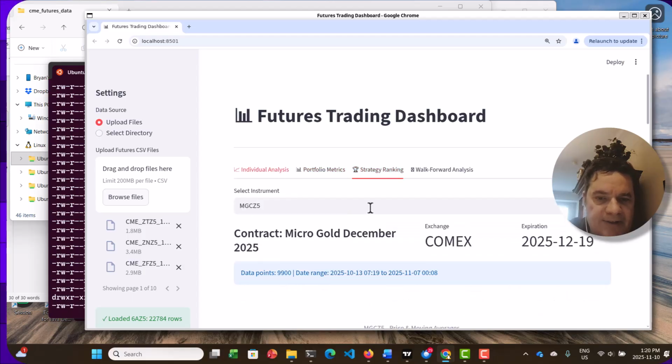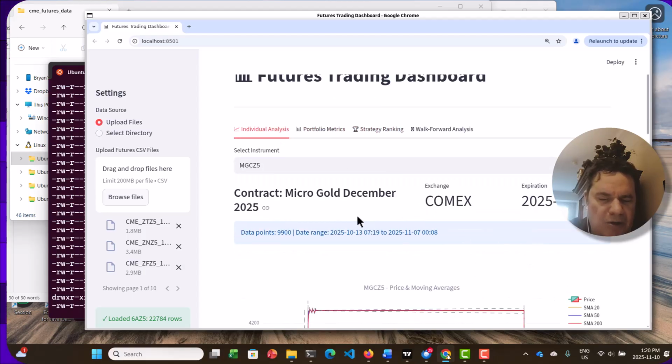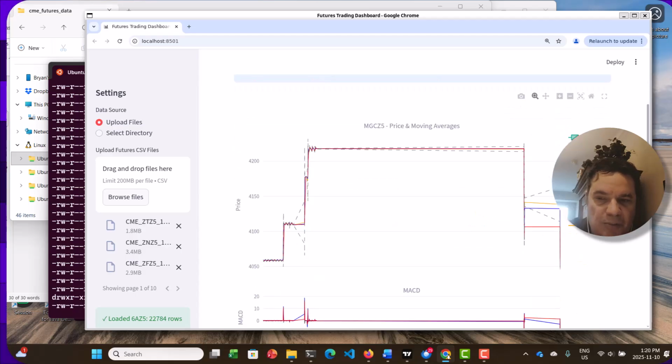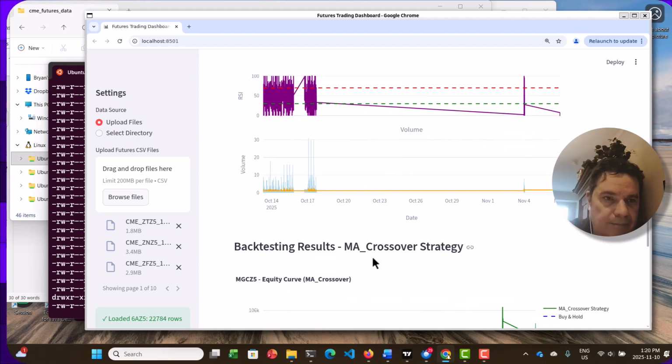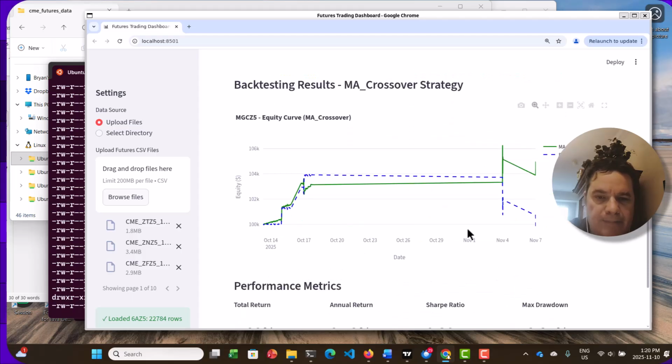Remember, if I wanted gold, these are the price performance using all the popular different technical indicators. Again, this is real data, minute by minute data since October 13th. Here you can see the volume has dropped off quite a bit. We have a buy and hold here in this dash blue.